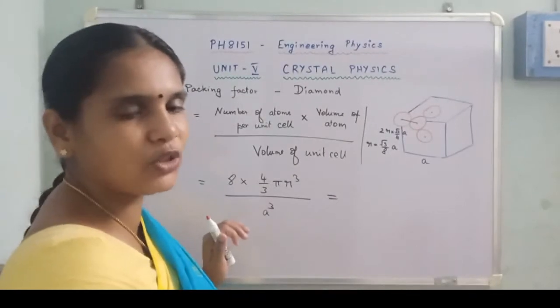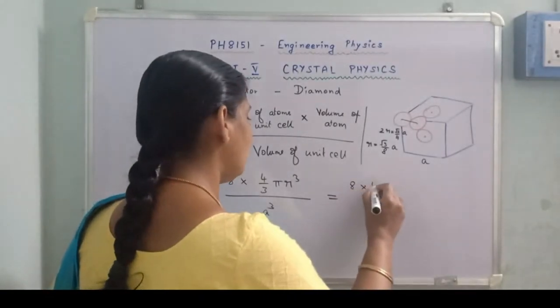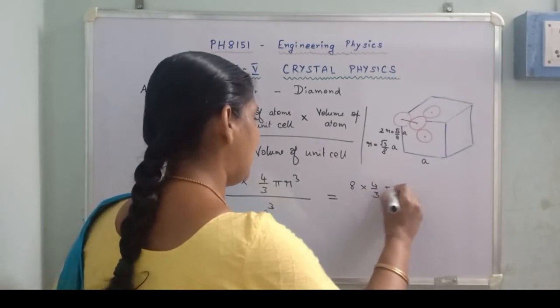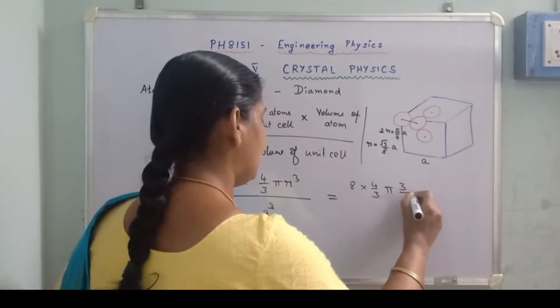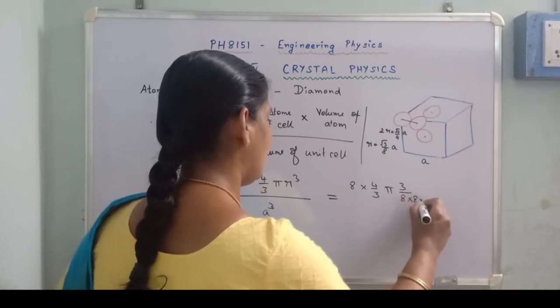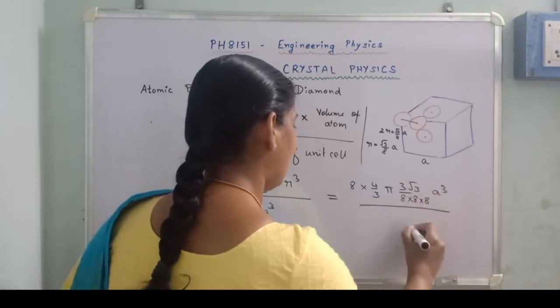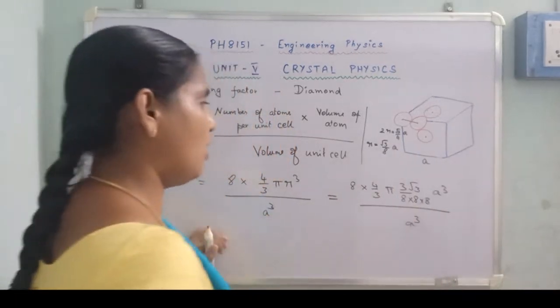Substituting r equal to √3/8 a, you will get 8 into 4/3 π into (√3/8)³ a³ by a³. a³ and a³ go off.